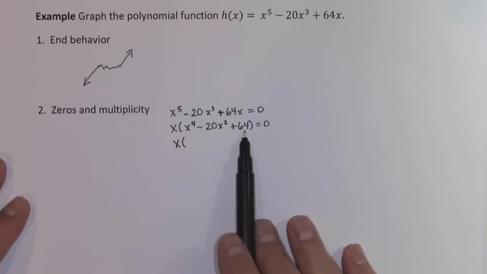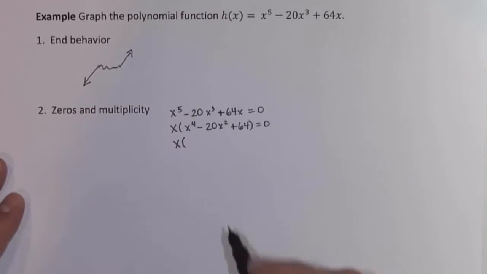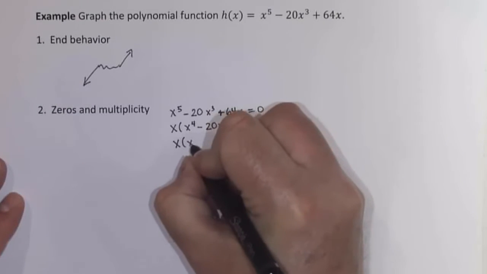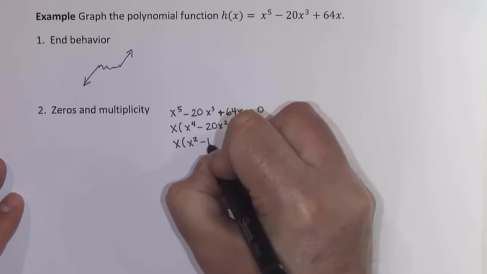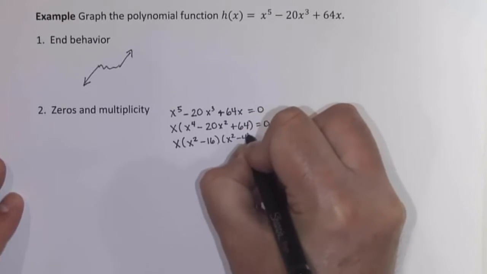So looking at the 64, we want to find two numbers that multiply together to be 64 that add together to be negative 20. And so that will be negative 16 and negative 4. So this factors into x squared minus 16 times x squared minus 4.